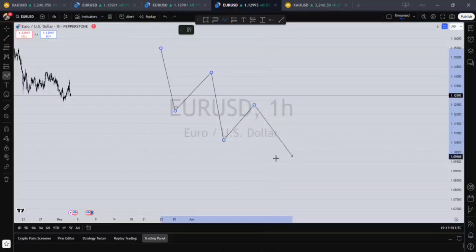For example, we have a bearish structure like this, and then after the break of this low, price now starts forming something like this.